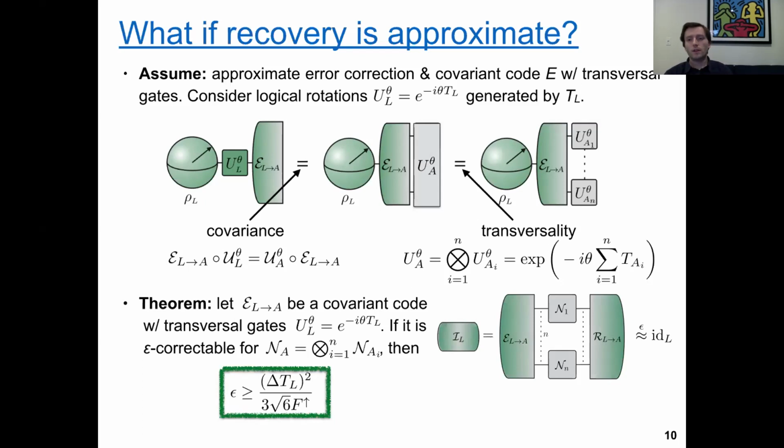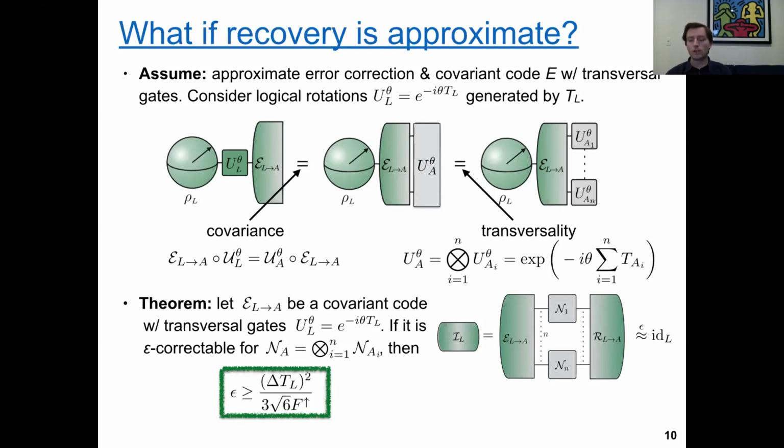And the approximate version of the Eastin-Knill theorem can be stated as follows. Let curly E be a covariant code with transversal gates, which are those rotations generated by some generator T_L. Then if the code is epsilon-correctable for some noise which has the tensor product structure, epsilon is lower bounded by some quantity.